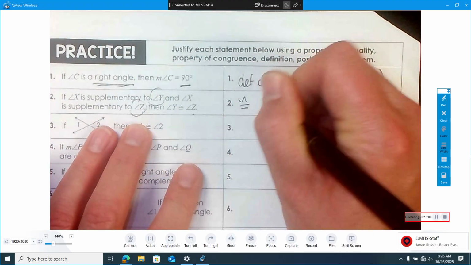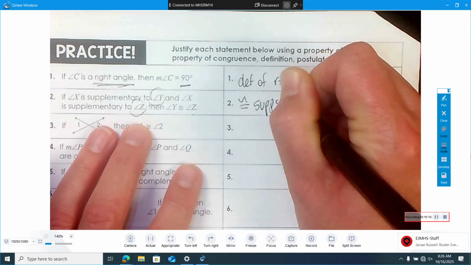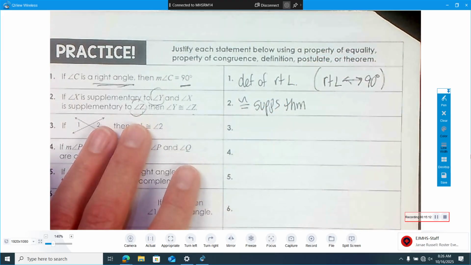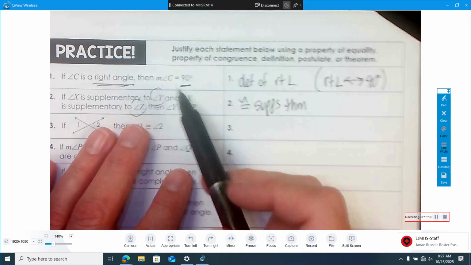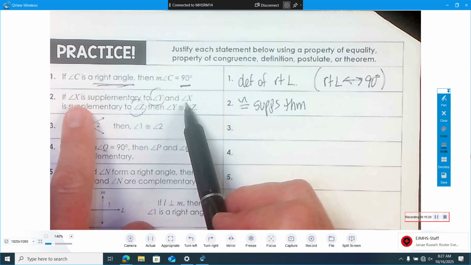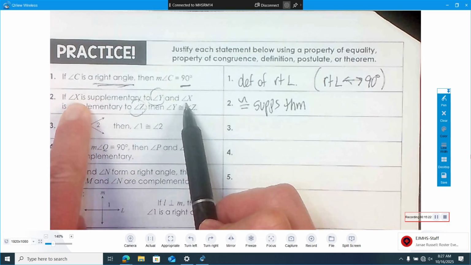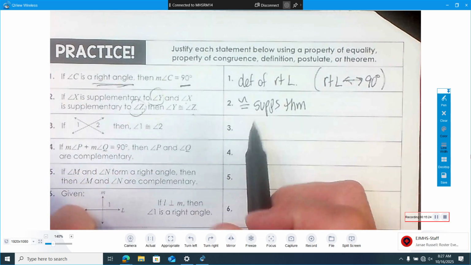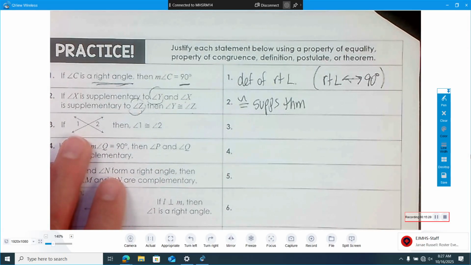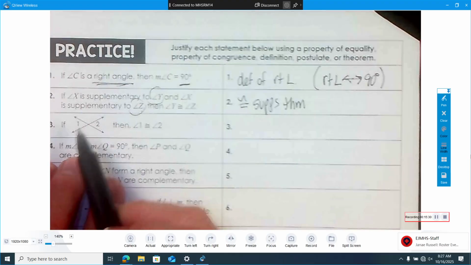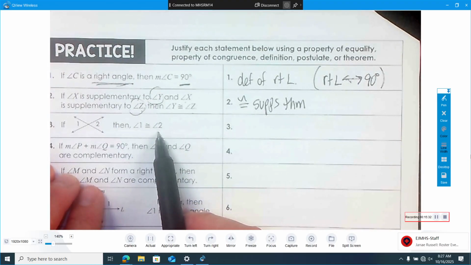It's the congruent supplements theorem. That's the last one we just talked about. If two angles are supplementary to the same angle, then they must be congruent. If angle 1 looks like this, then angle 1 is congruent to angle 2.